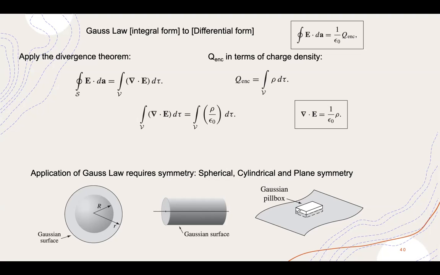This is just a rectangular surface, and we draw a box which goes down from this surface and also up from this surface. So this pillbox is the plane symmetry we require for the application of Gauss law.